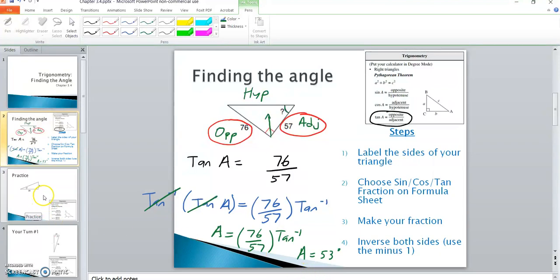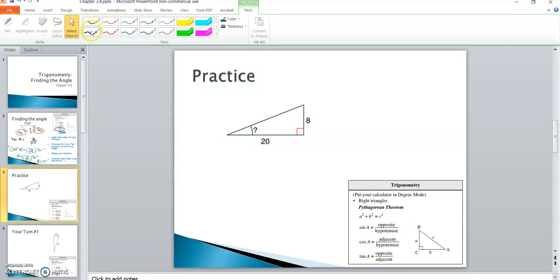Let's try another. So as you recall, the very first step that we need to do is label the triangle. Here's my hypotenuse, and the angle touches the adjacent, and this is my opposite.